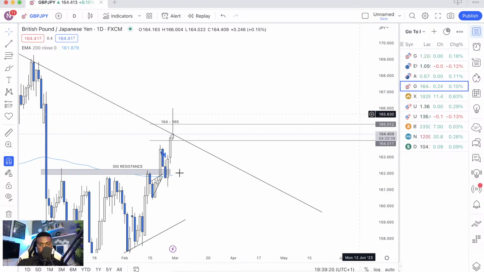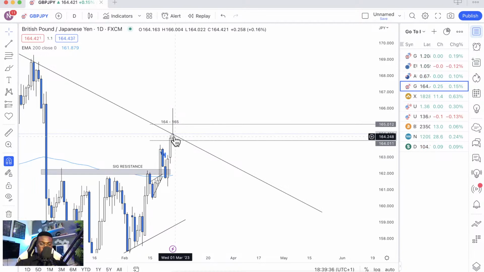Zoom out a bit. So you can see that the buyers have been rejected. Currently trading below the daily resistance trend line, right?